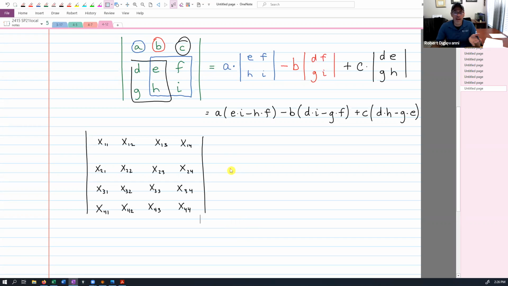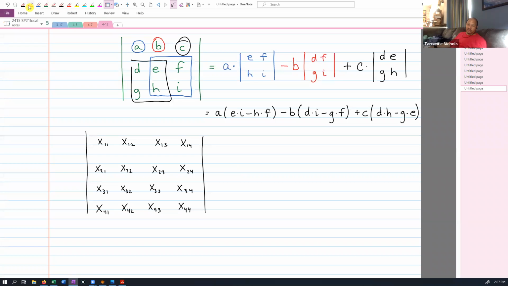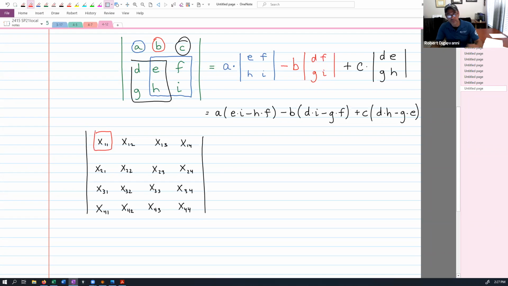But I'll do just the first step, okay? Because once you understand the pattern, you can do it for any size. So if we want to do this, we'll do what we did before. We'll start with the first one here, and then look at taking the determinant of everything else.